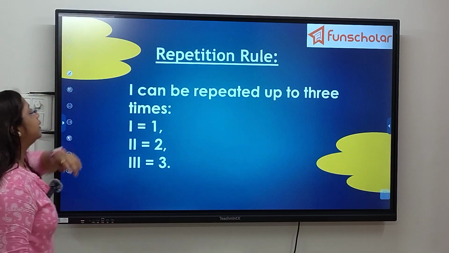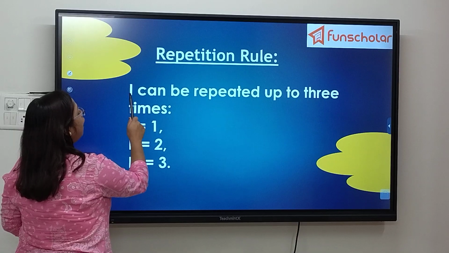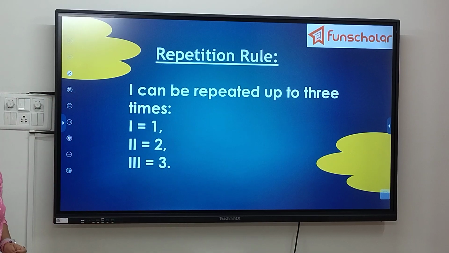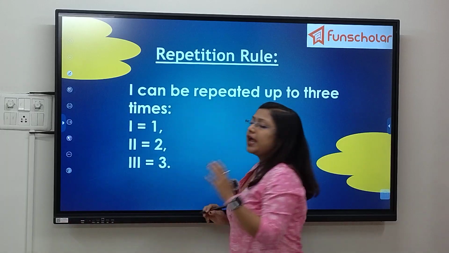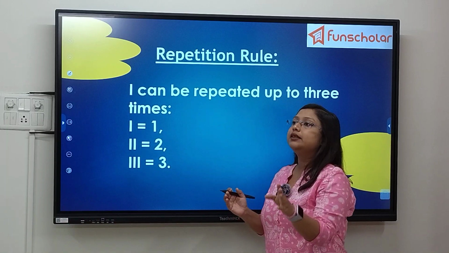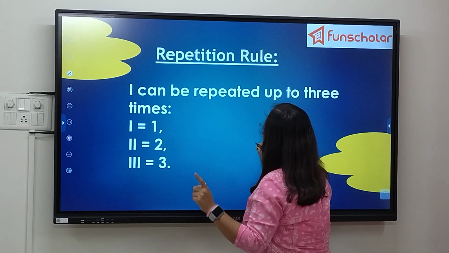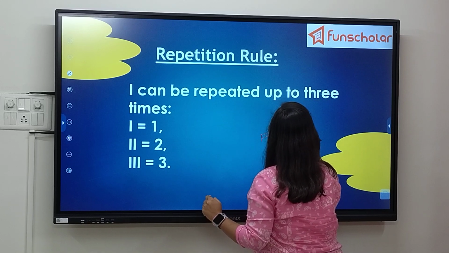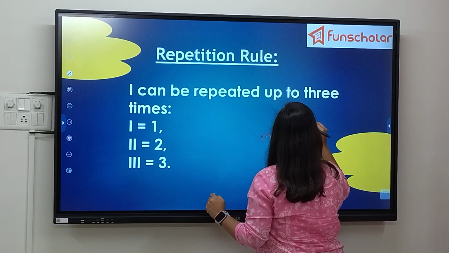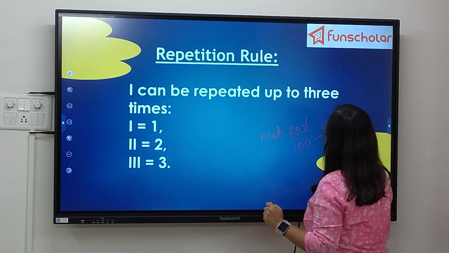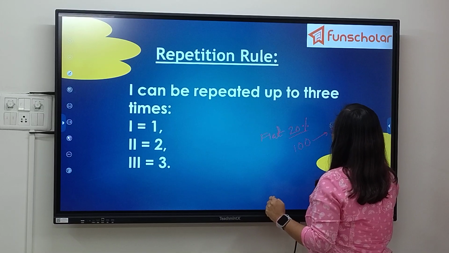Okay. So, the repetition rule is that I can be repeated up to 3 times. Now, what is up to? If we go to a shopping mall or something, there will be 2 kinds of discount. One is, suppose there is a flat 20% discount. That means in 100 rupees there will be 20 rupees discount.